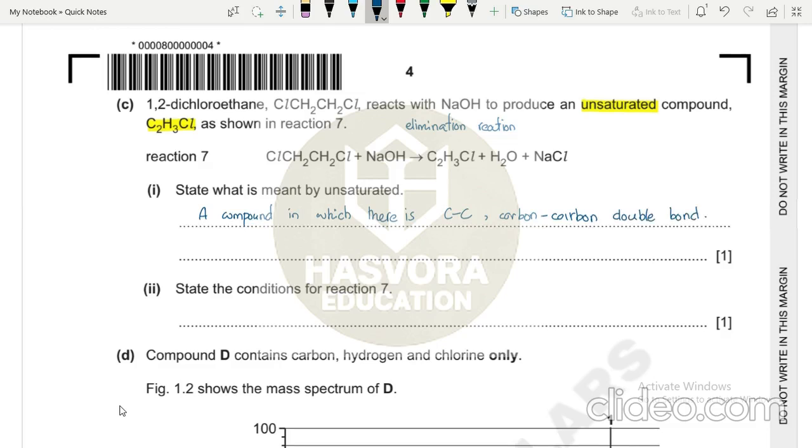State the conditions for the reaction 7. I just told you it can be ethanolic NaOH, so we will write ethanolic NaOH. Also we have to heat it under reflux. So this will be the answer for this second part.